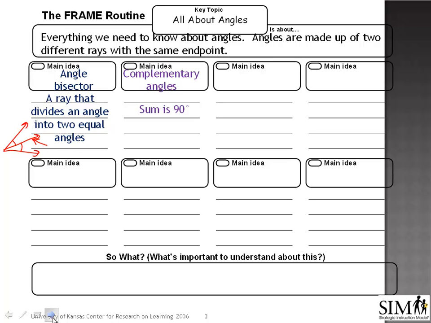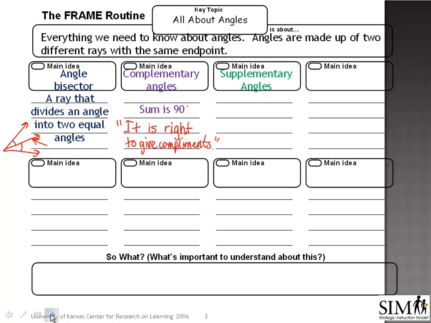And one thing you could think of is it is right to give compliments. Well, right means 90 degrees. So that might be one thing to add here. It is right to give compliments. So that kind of ties right angle and complementary together.